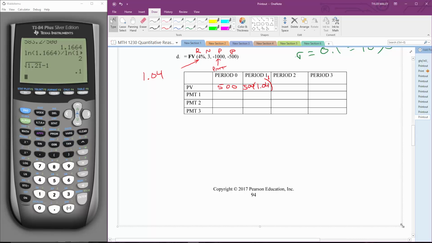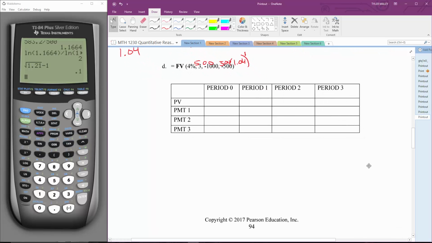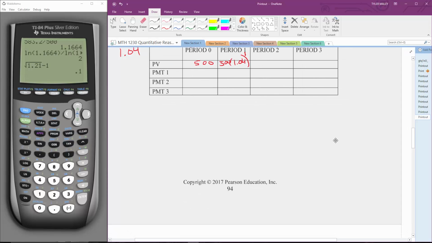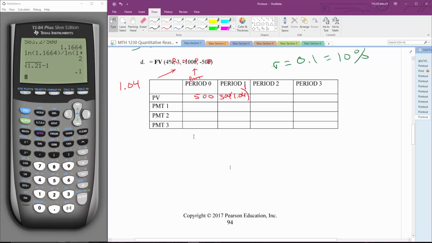Let me see if I can make this a little bigger. All right. So 500 times 1.04 to the first power. And then I will have a payment here. My payment is $1,000, from above.